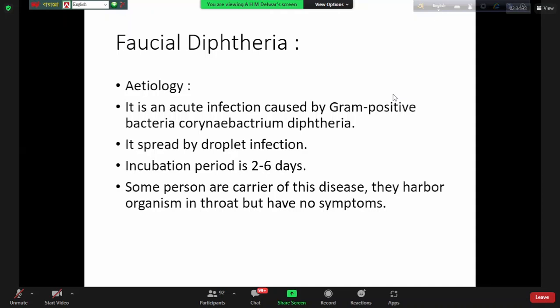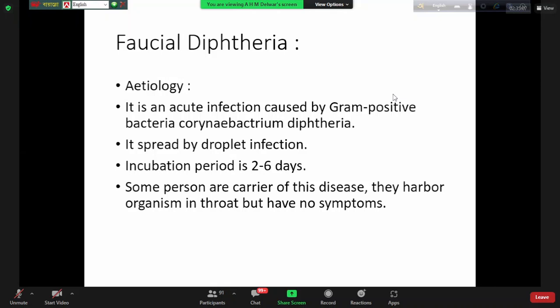It is spread by droplet infection, through sneezing and coughing. When a diphtheria patient comes into contact with another normal person, that person suffers from diphtheria. Incubation period is 2 to 6 days. Some persons are carriers of this disease; they harbor the organism in the throat but have no symptoms.